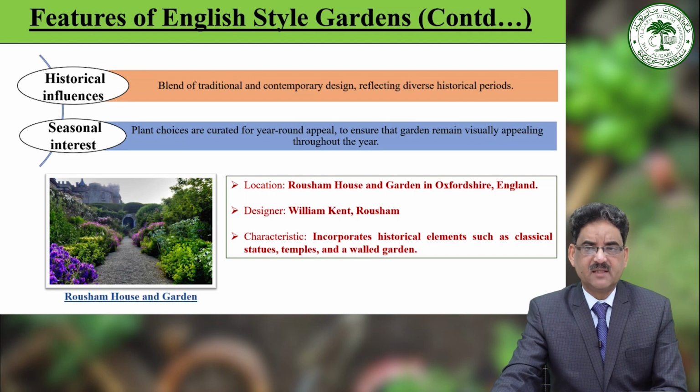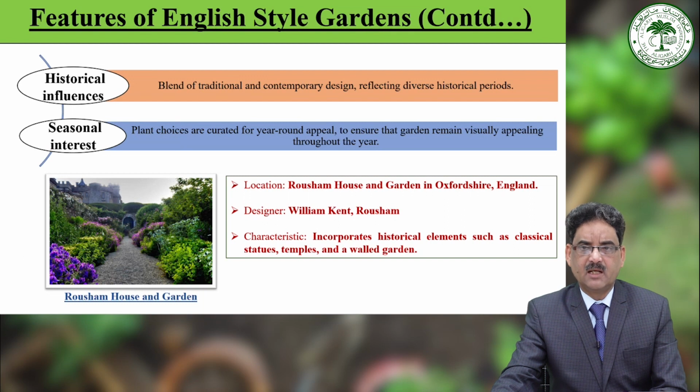One notable English style garden influenced by history is the Rousham House and Garden in Oxfordshire, England. It was designed in the 18th century by William Kent.